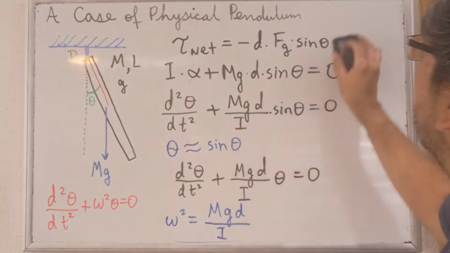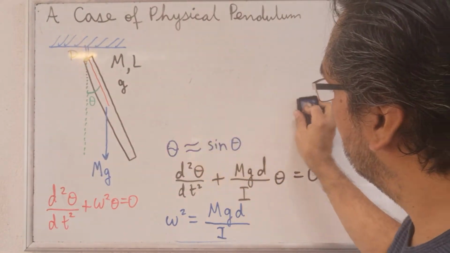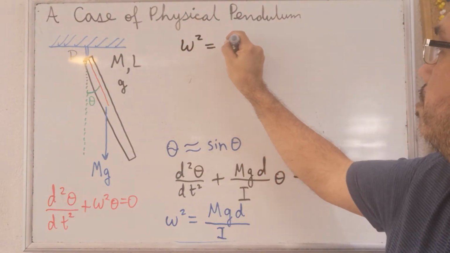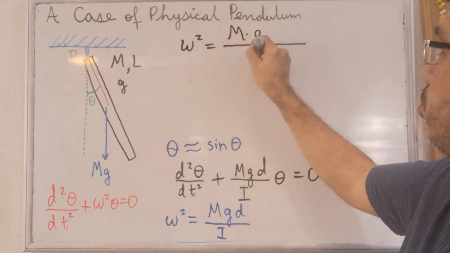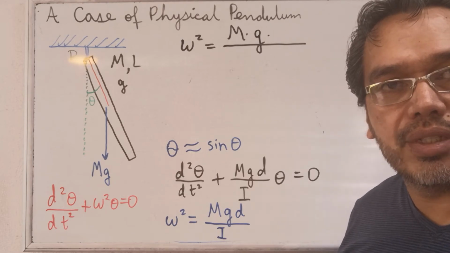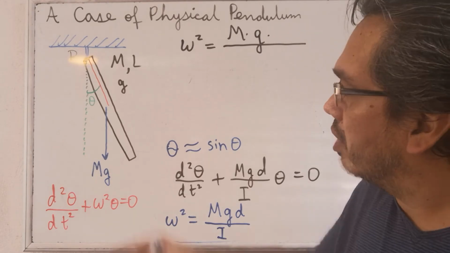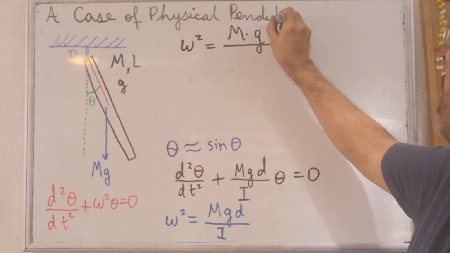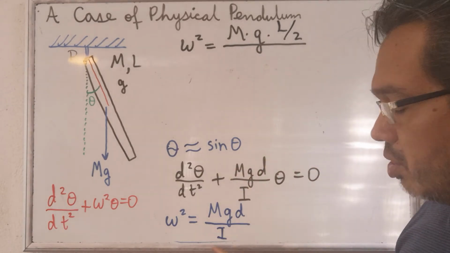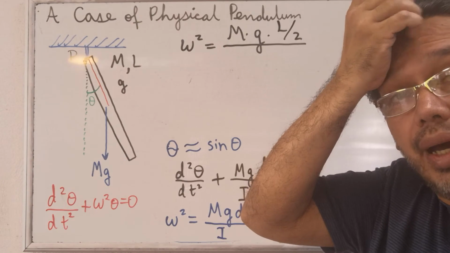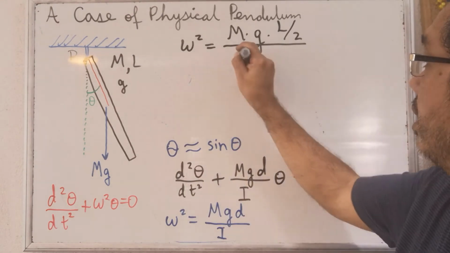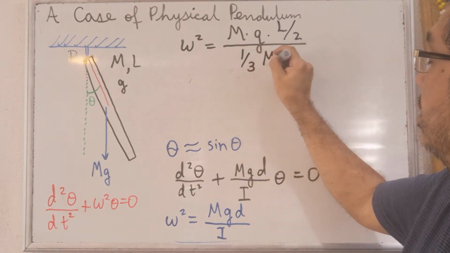So if you take that, your omega squared changes to mass times gravitational acceleration. Because the rod is considered to be uniform, the center of mass should be at the midpoint. And so this distance in red, d, is L over 2, the length of the rod divided by 2. And then, according to previous calculations and tables, the moment of inertia of a rod about one endpoint is 1/3 mass times length squared.